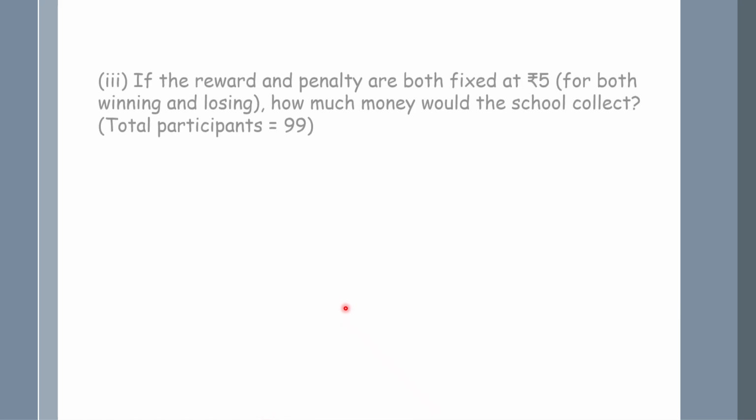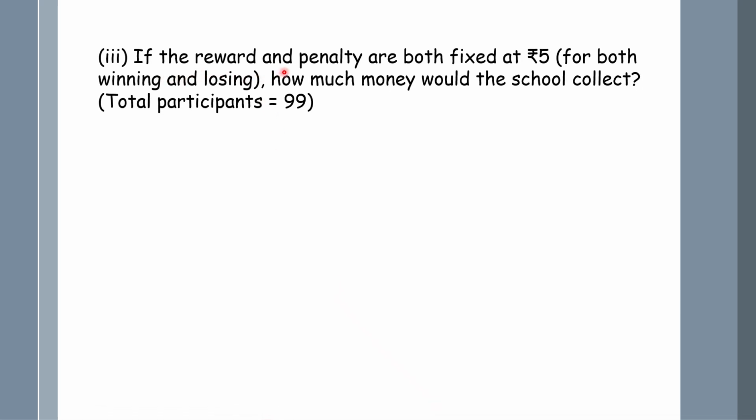Let us see the next subdivision of the problem, that is, if the reward and penalty are both fixed at rupees 5 for both winning and losing, how much money will the school collect? There are no changes here except for the money paid by the school to the student.